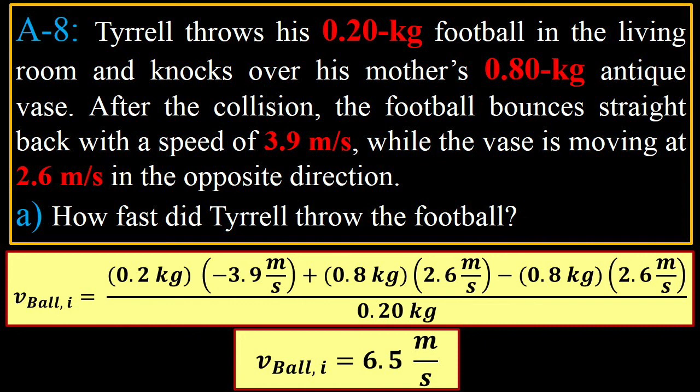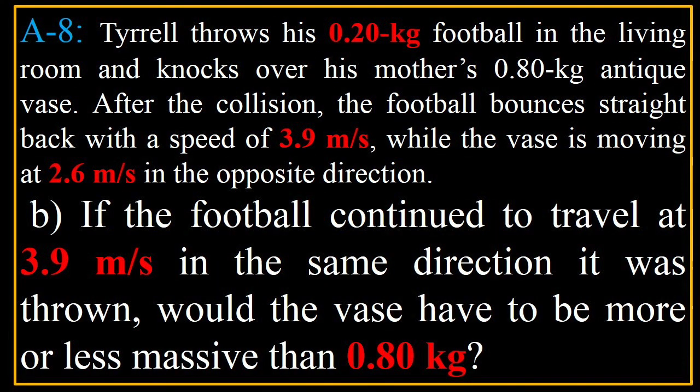So the answer to A is going to be positive 6.5 meters per second. So it's going to be going in the same direction, obviously, that the vase is going, so it's going to be going forward.